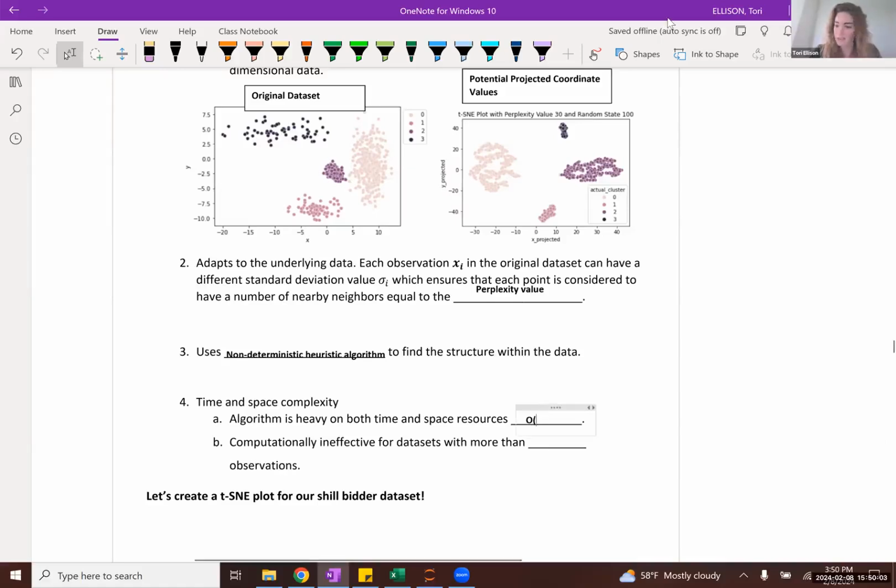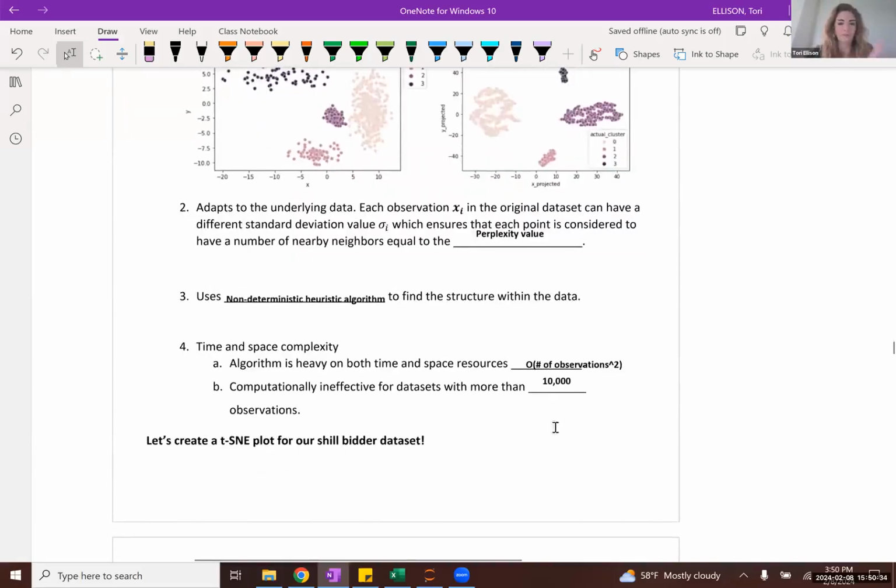Part of this is because the computational complexity of the algorithm is in the order of the number of observations in the data set squared. We essentially had to create that similarity matrix in the beginning, which means, practically speaking, this algorithm does not tend to be the most effective when you are trying to learn about the hidden clustering structure for data sets that have more than 10,000 observations.